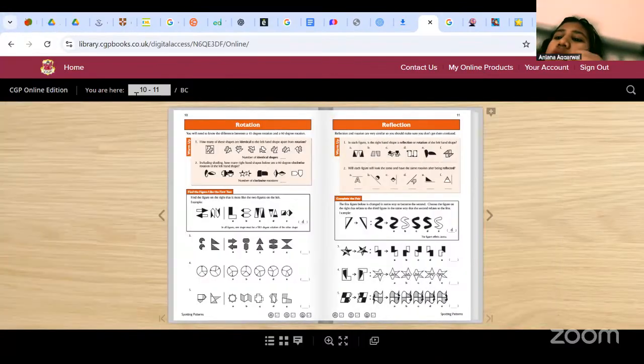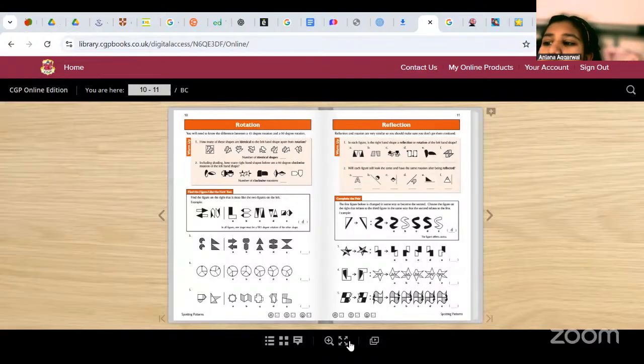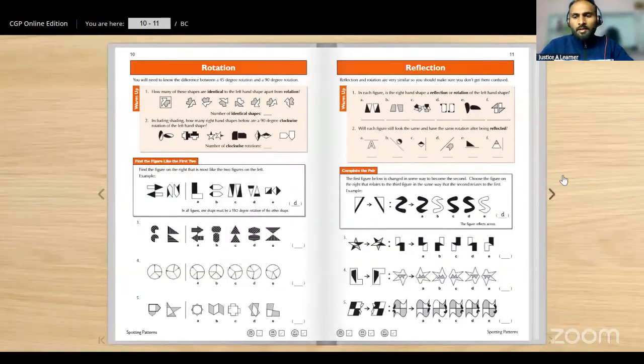Rotation. Wait a moment. Yes, I gave you the pen.